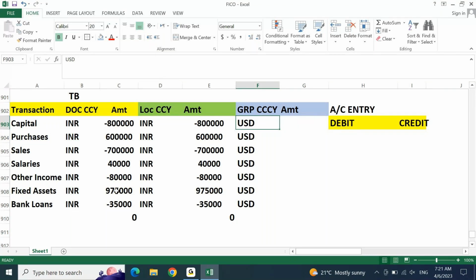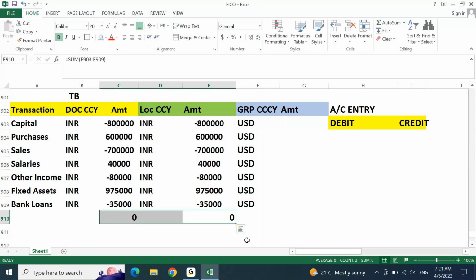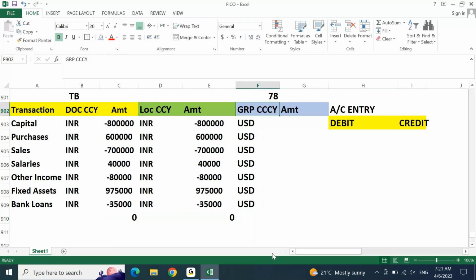Group currency, sometimes your client will give you, sometimes your client will not give you. He will tell you one exchange rate, he will say please convert with this exchange rate. Let's say your client has given an exchange rate of 78. For dollar he said please convert all the local currencies at 78 rupees and upload in dollars.